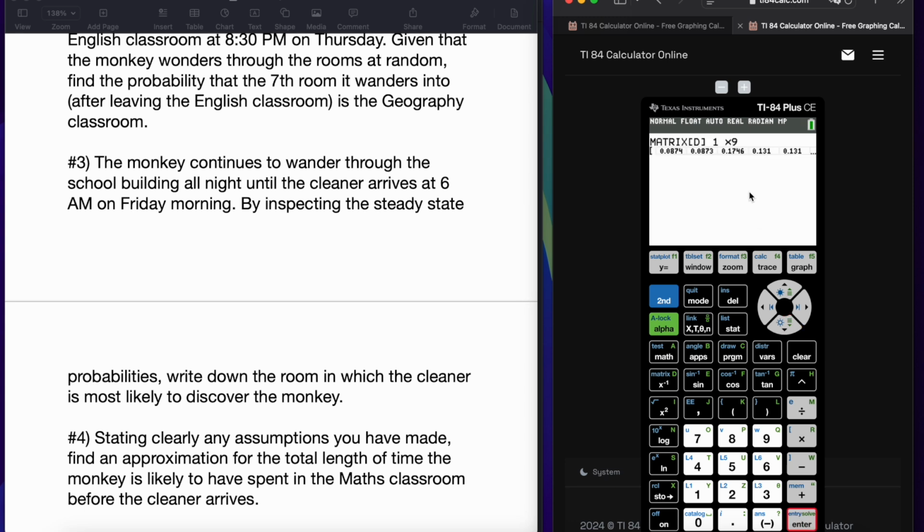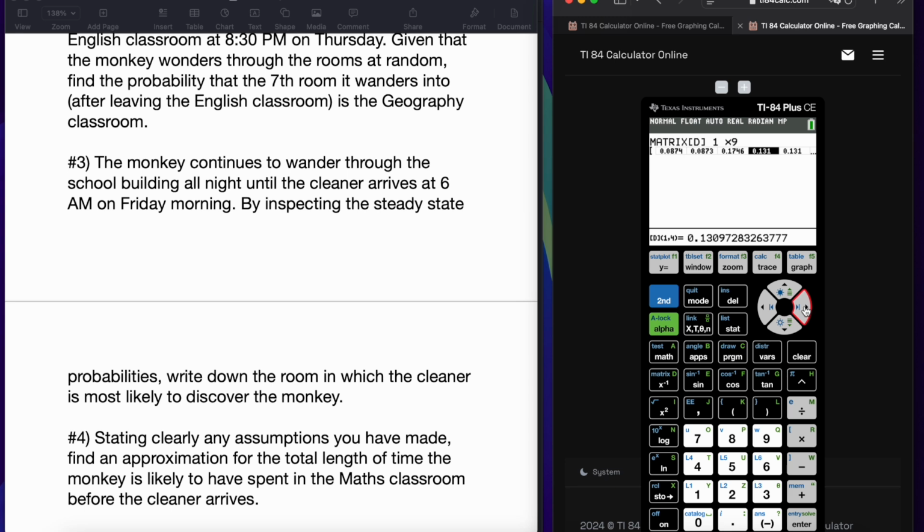And so what this represents is, after a sufficiently large number of moves, the final probabilities of the positions of the monkey. What I want to do is find the room where the monkey has the largest probability of being in. So I'm going to look for an entry that has the largest percentage.